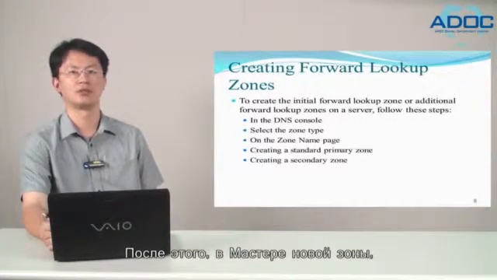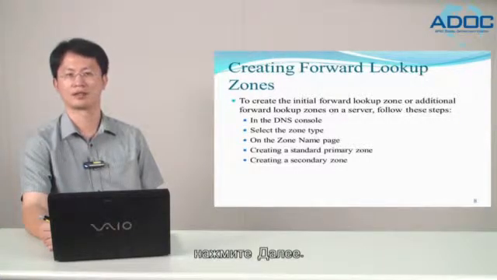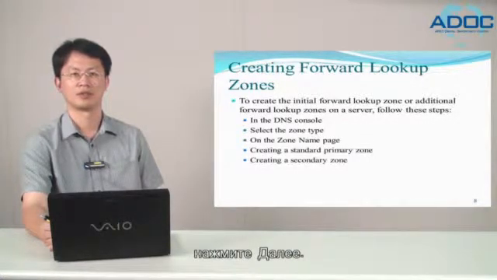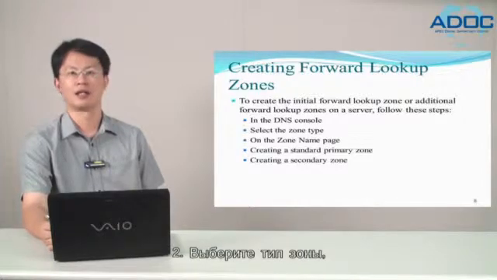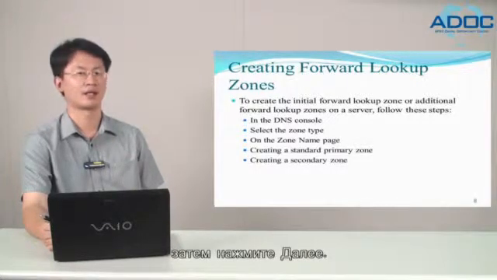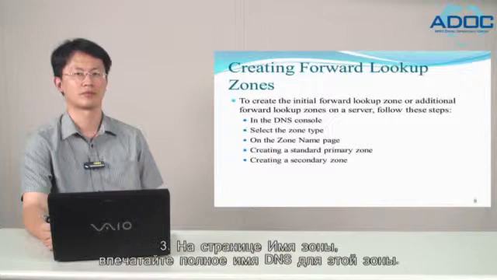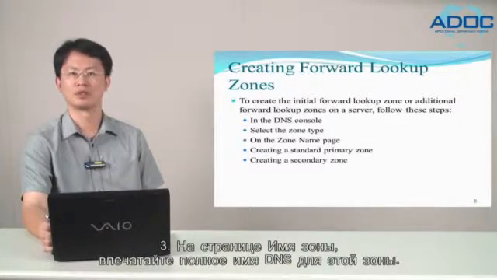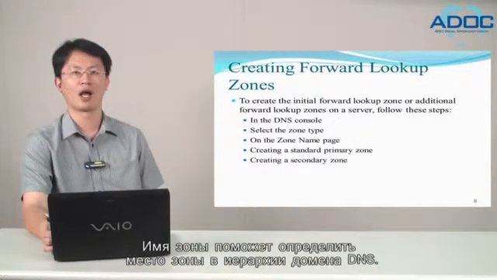Afterwards, in the New Zone Wizard, click Next. Second, select the zone type and then click Next. Third, on the Zone Name page, type the full DNS name for the zone. The zone name should help determine how the zone fits into the DNS domain hierarchy.